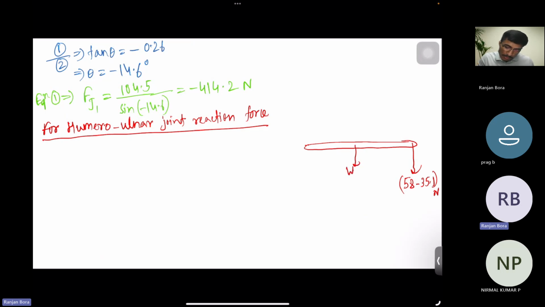And this is W by 2. This is B. This is C. And in the ulna, there is only one muscle, M2. And this moment term we have estimated.